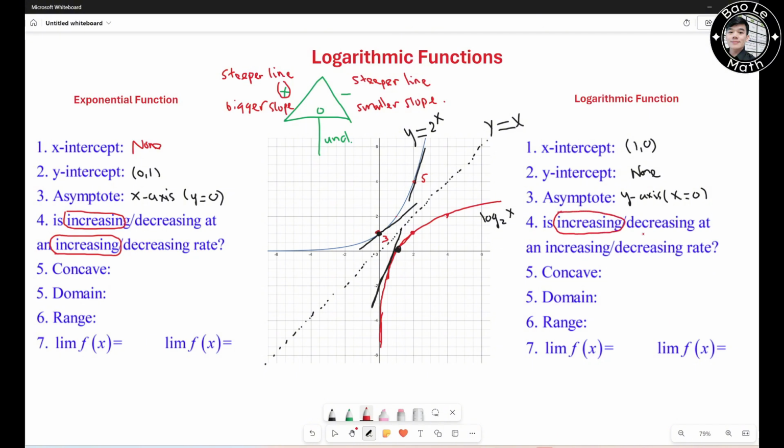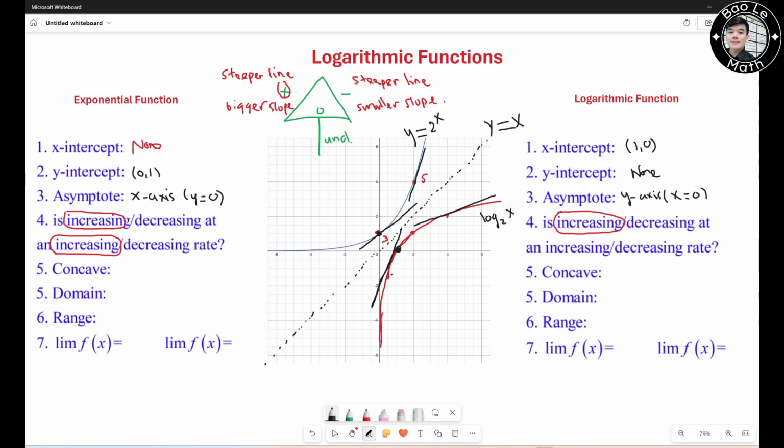Alright, in order to know if the function is increasing at an increasing rate or decreasing rate, I need to draw another tangent line. So I draw another tangent line right here. I'm going to compare the slope of this guy and the slope of this guy. This line is steeper, the slope is bigger, right?